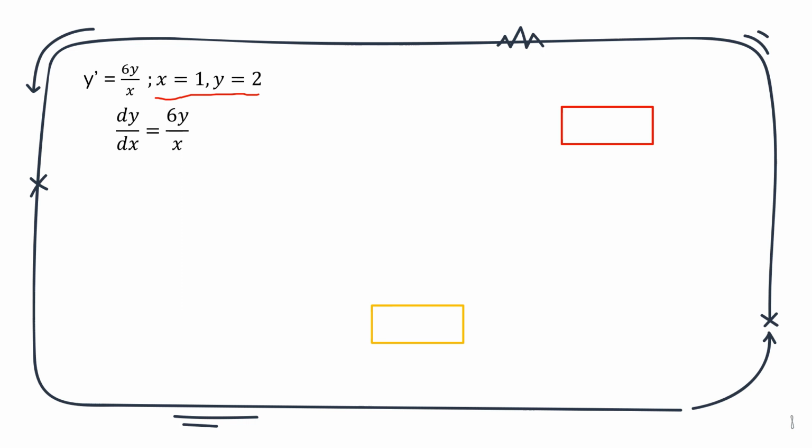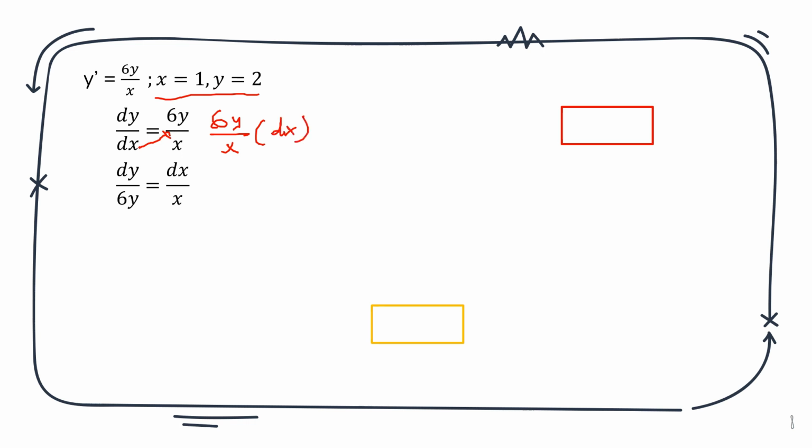So, ang kailangan natin gawin dito ay pagsasamahin natin lahat ng in terms of y and in terms of x. So, by multiplying this into this, cross multiplication, no, hindi pala cross multiplication. Mangyayari dito ay 6y over x times dx.